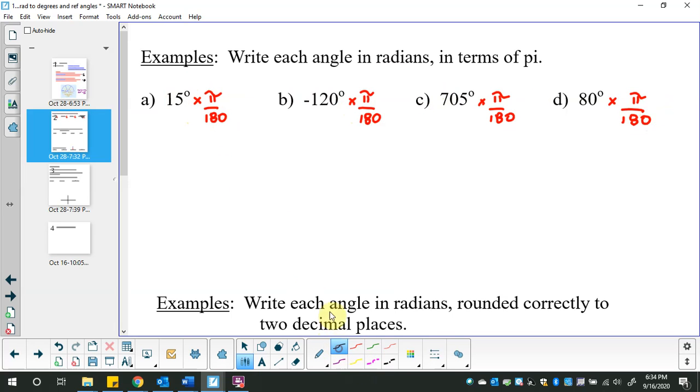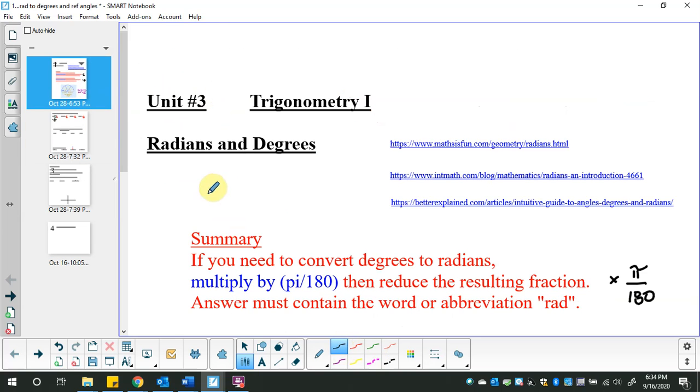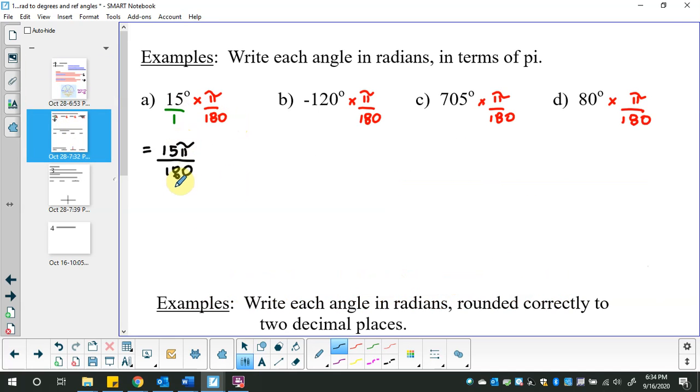I'm going to take this and imagine that there is a 1 underneath the 15 degrees, which means I have to multiply across the top because that's how we multiply fractions. I can lose the degree sign, multiply across the bottom, and then, according to this step, it says reduce the resulting fraction. So I have to take 15 over 180 with a pi in it, and reduce that. You can take as many or as few steps as possible.